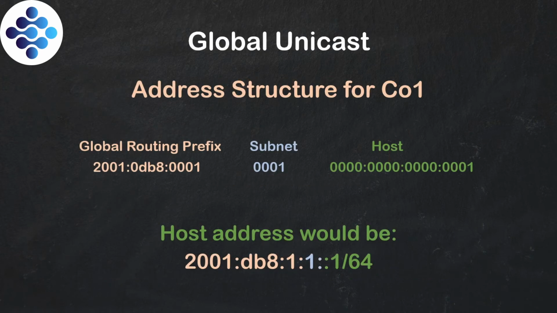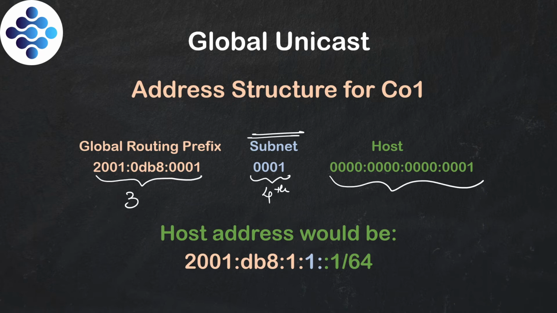Now in Global Unicast, this first portion is what is called the global routing prefix. Then this fourth group, right? Because these are the three groups. This is the fourth group. This fourth group can be used for subnetting, and the rest, this entire piece, is host. So in this case, the address would be 2001:db8:1.